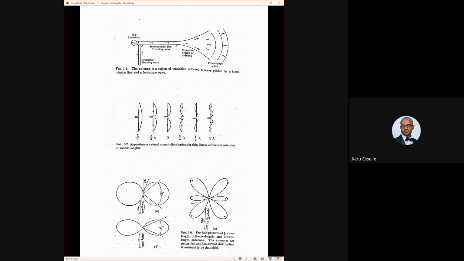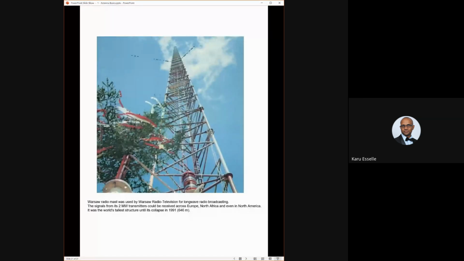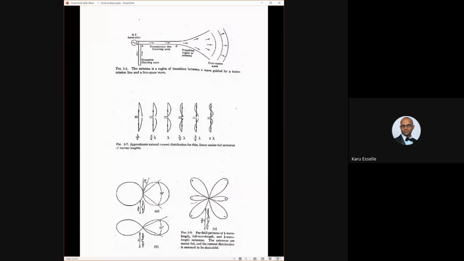In fact, you can put extra conducting material, mesh or sheets, in the ground to create a better ground, and that way you can make a good transmitting antenna at low frequencies that is only half the height of a dipole. For some antennas, like these tall ones, you can make a monopole.